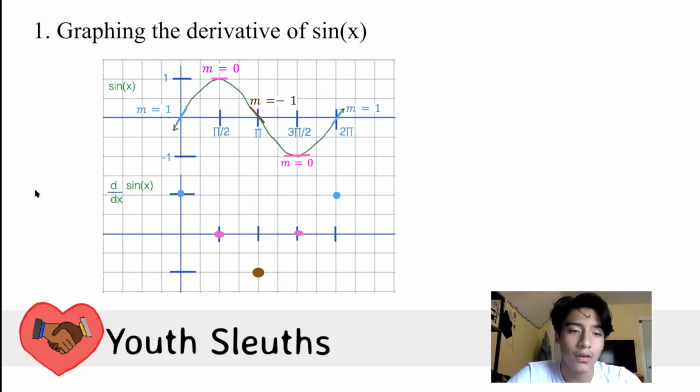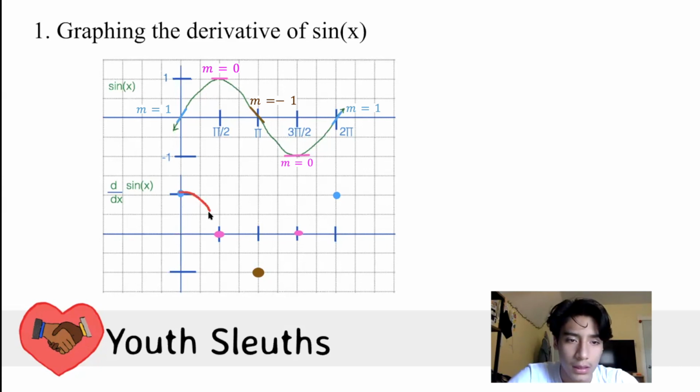Lastly, we just have to graph the function. And so we could see that when x equals 0, the instantaneous slope of sine is 1 and it goes to 0. So that means the slopes as we get to pi over 2 are decreasing. So we will do the same.